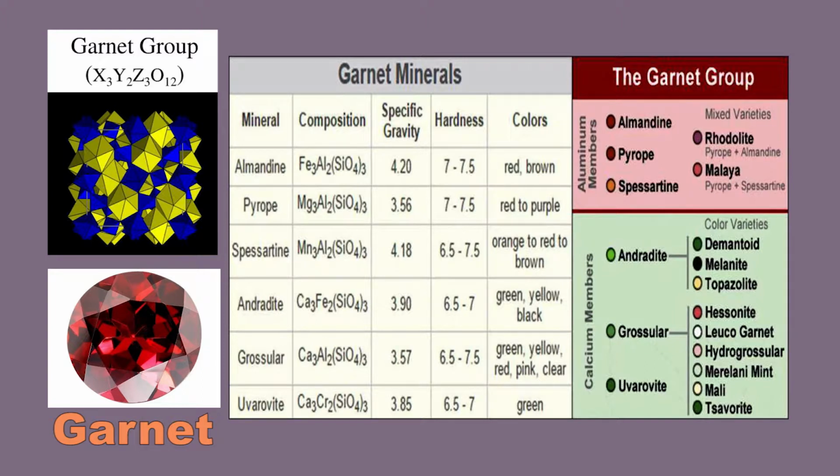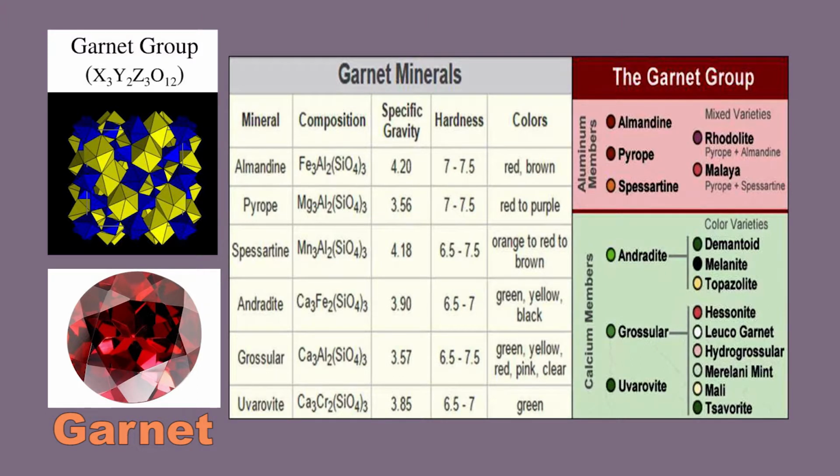The difference in ionic size between calcium on one hand and Fe2+ and Mg on the other results in limited substitution, and a wide composition gap exists between grossular-andradite on one hand and almandine, pyrope and spessartine on the other.